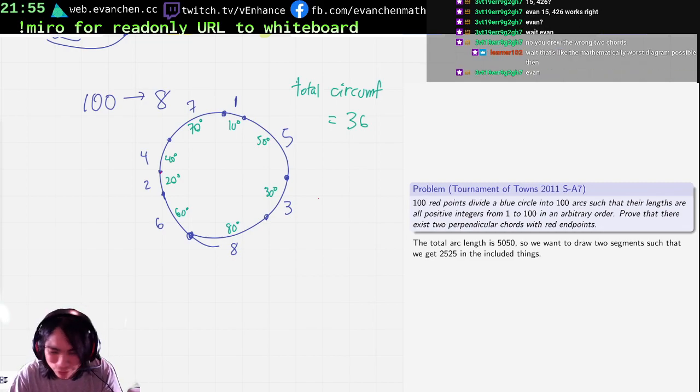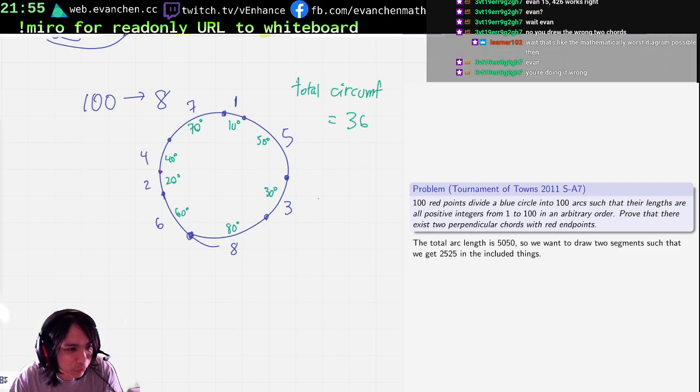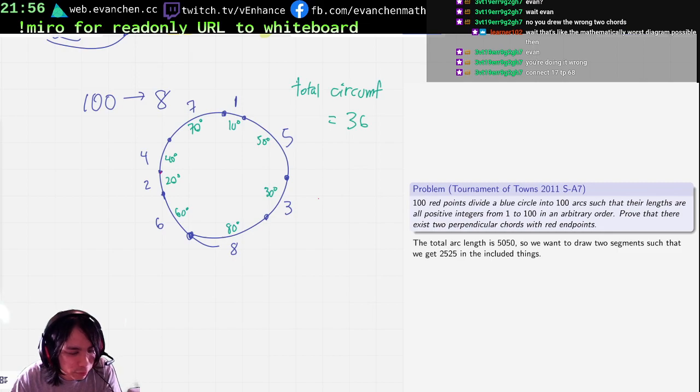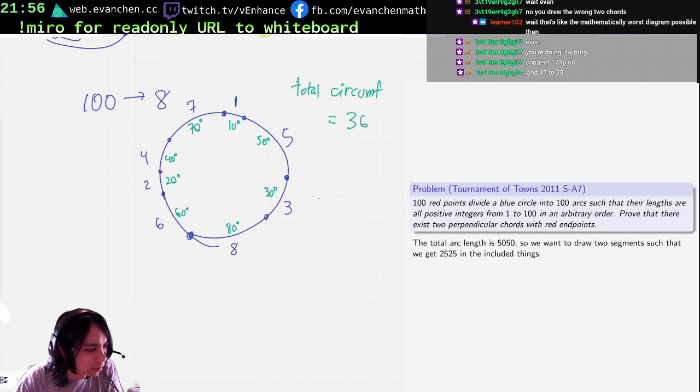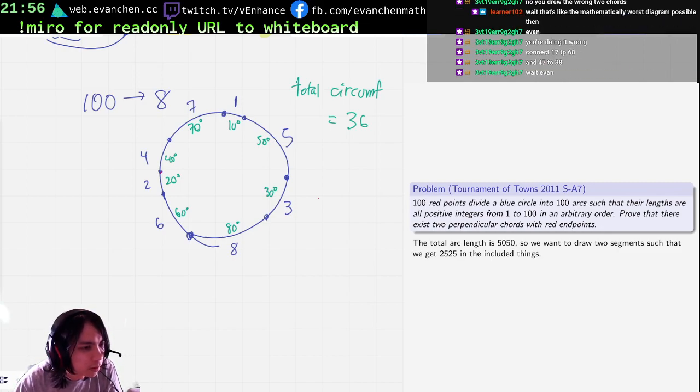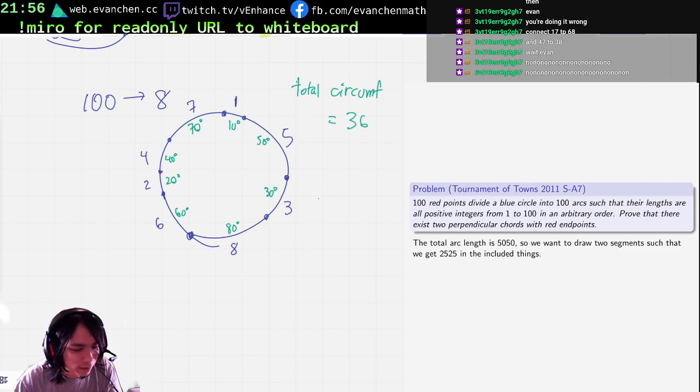All right, let me draw a proper diagram. All right, for the people who are... connect... Now I'm confused what 380 is trying to say.